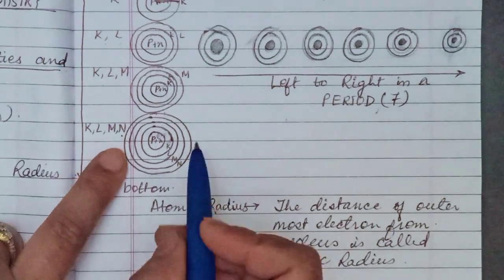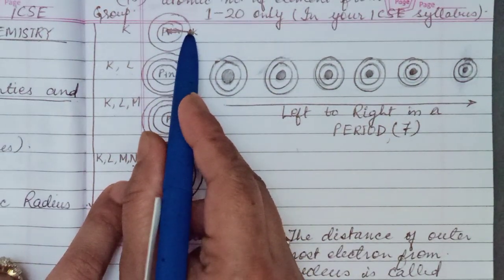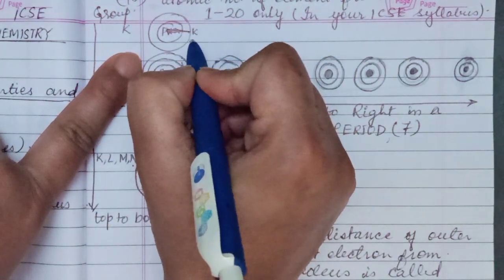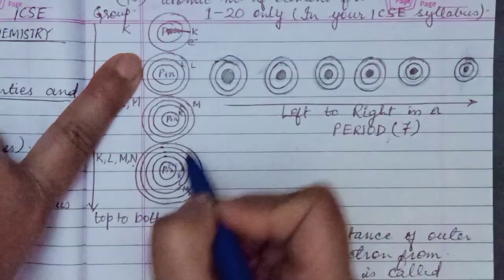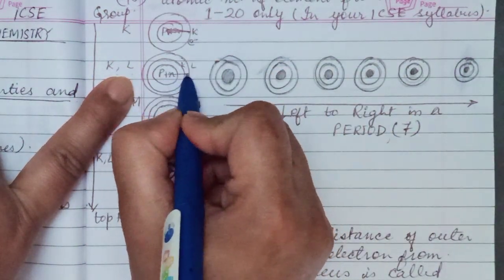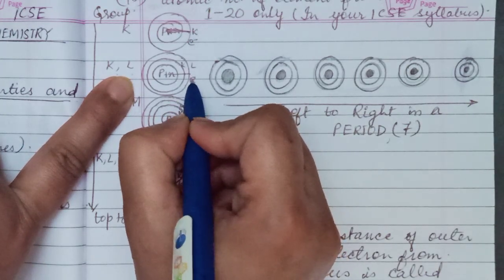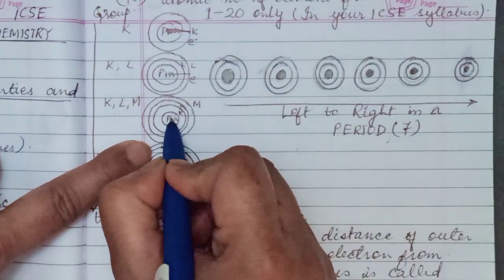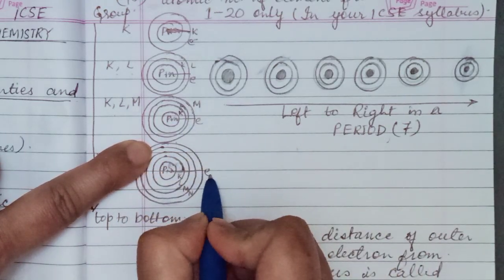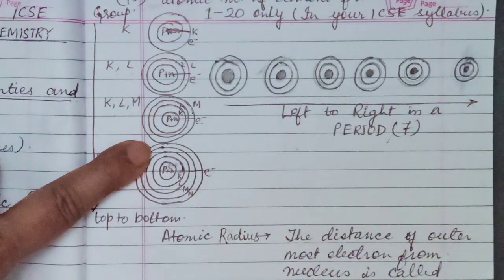See here, atomic radius is this, from nucleus to valence shell, and the electron present in the last shell is called valence electron. Here the last shell is L shell. So if an electron is present in L shell, you can say it is a valence electron. Here also M shell and N shell. So these are called valence electrons.